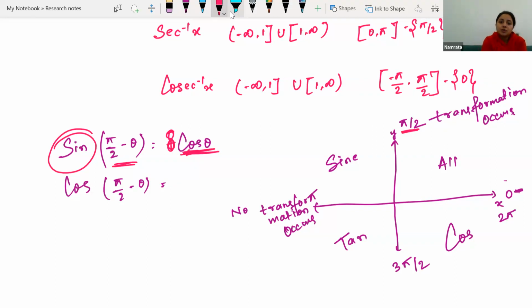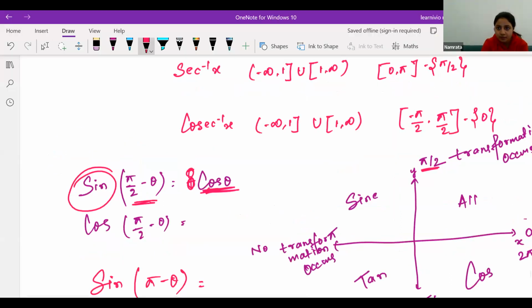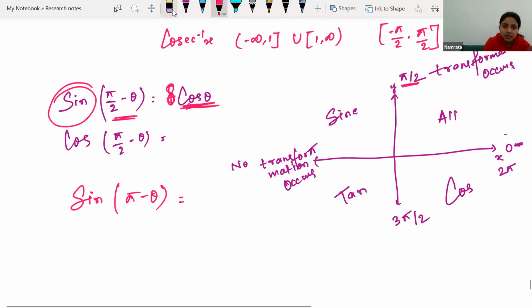Okay, now if you want to do sine pi minus theta, okay, so pi minus theta, here we know, just a second now. Yeah, or before pi minus theta, let's take pi by 2 plus theta.